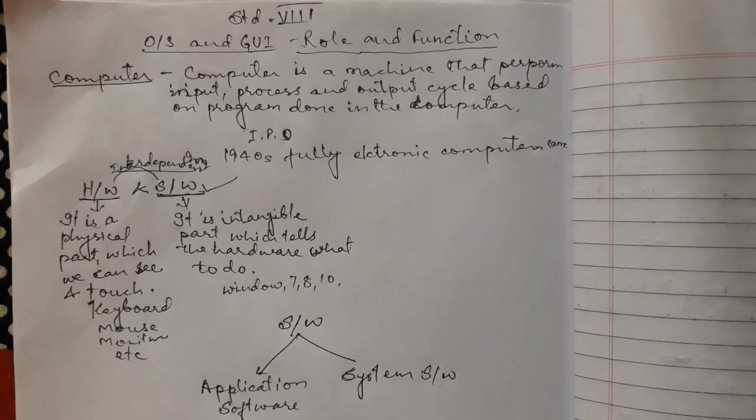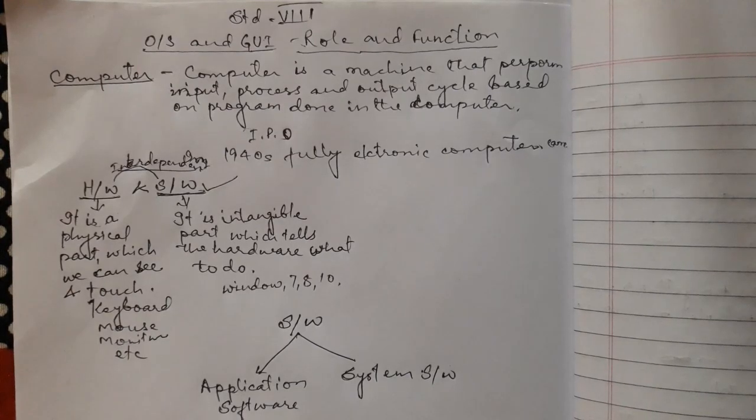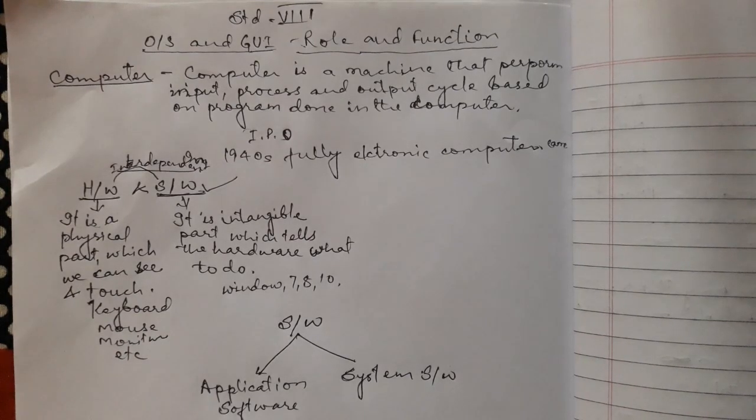So application software and system software, these are the two types of software that we use in our computer for different purposes. So what about the application software? What is application software?